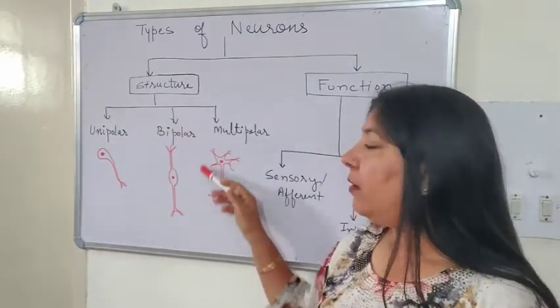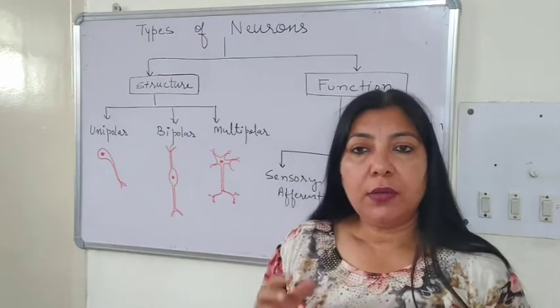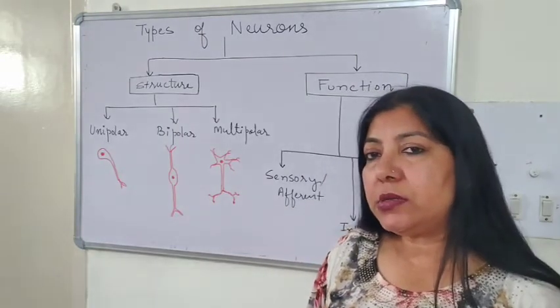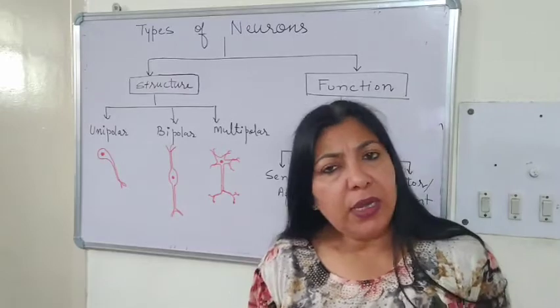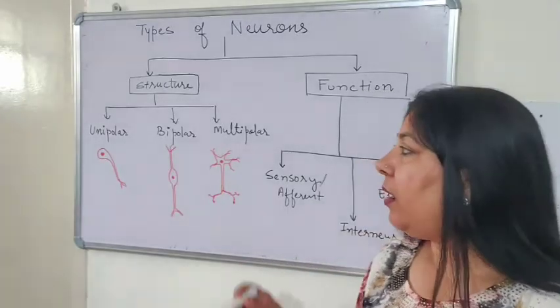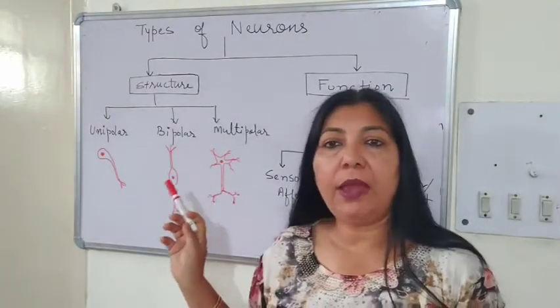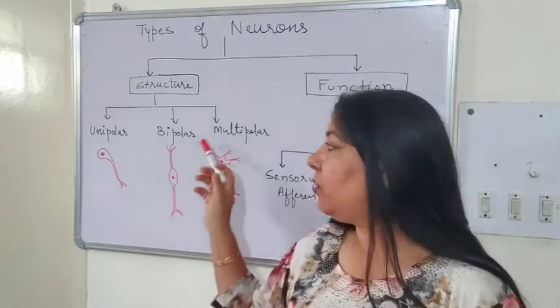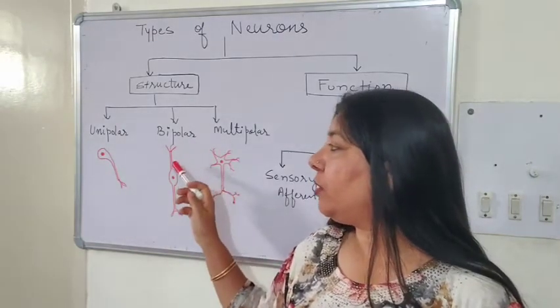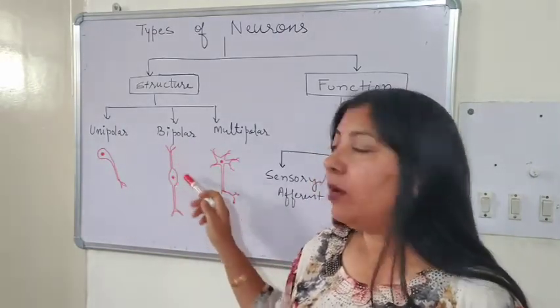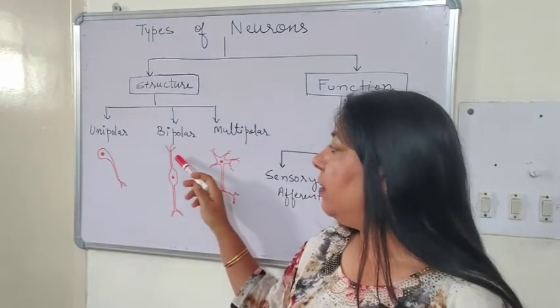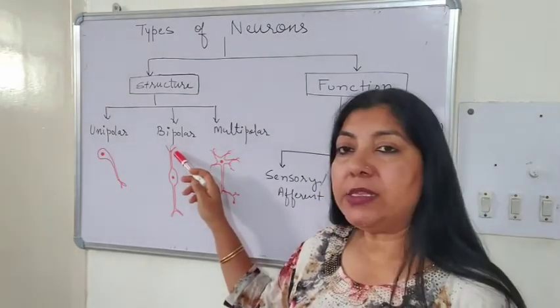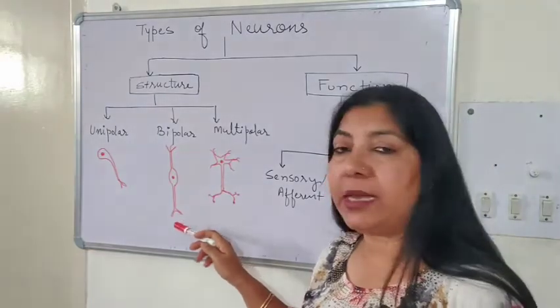Then there are bipolar neurons. These bipolar neurons are only seen in the eyes and nose. They have two processes. That is, they take information from one side and pass on to the other side.